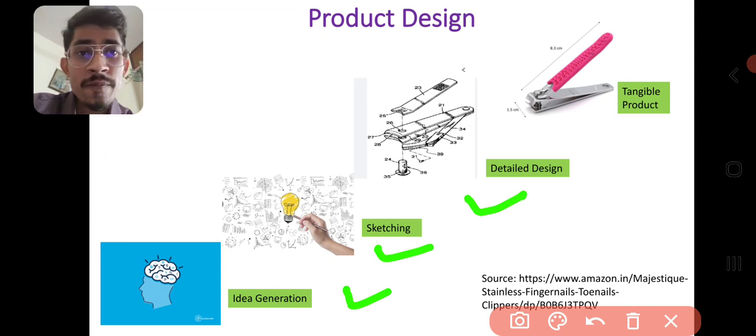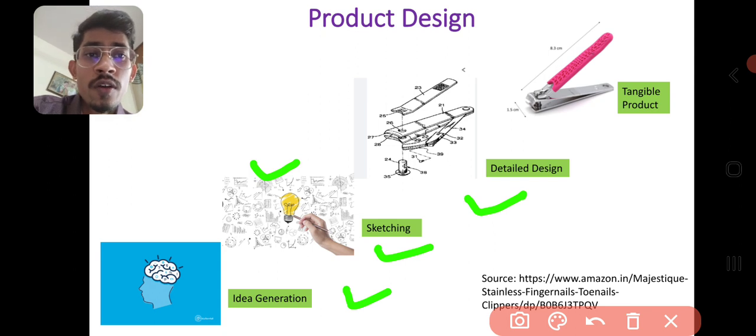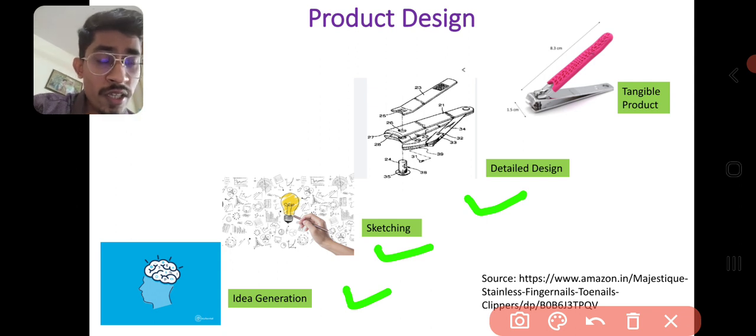In the sketching we just sketch the idea. In detailed design we plan the dimensions, tolerances, what material is required for that nail cutter, and what the manufacturing processes are. That is a detailed design.